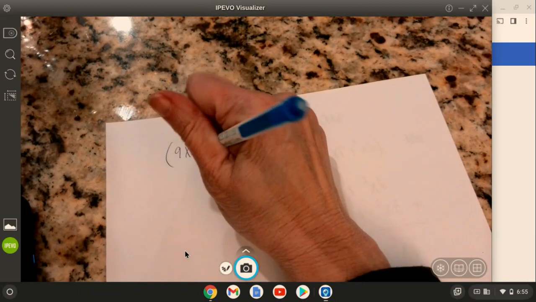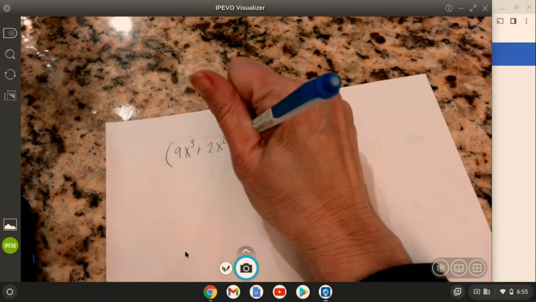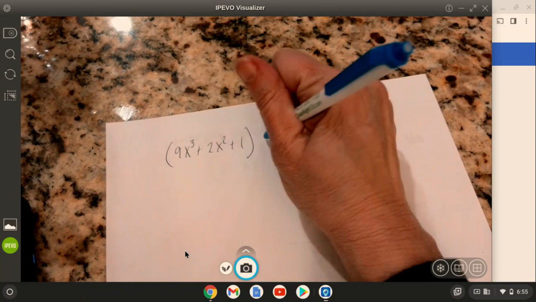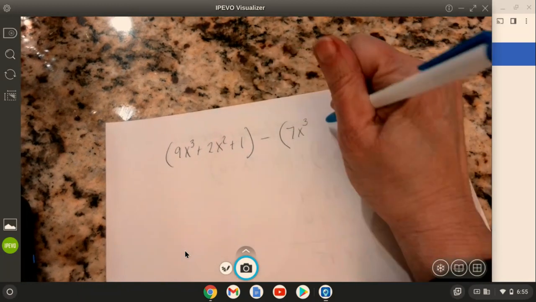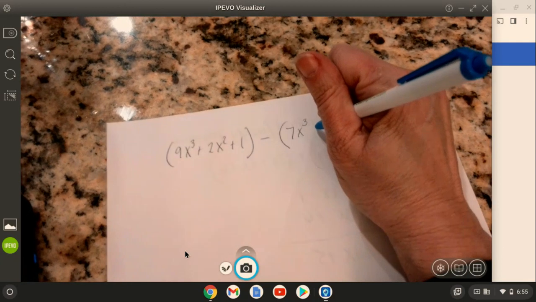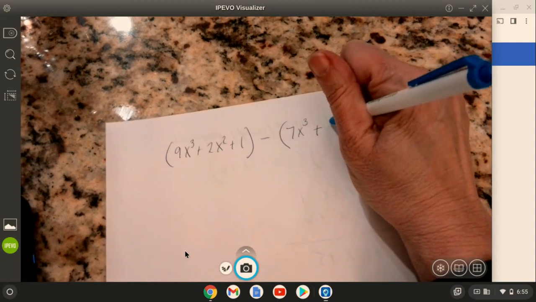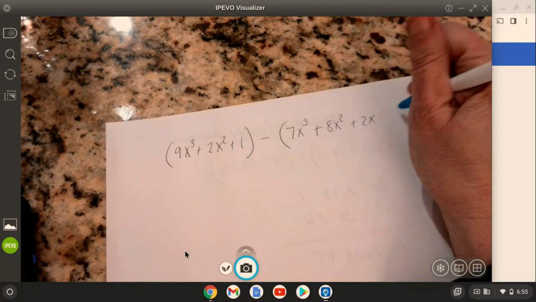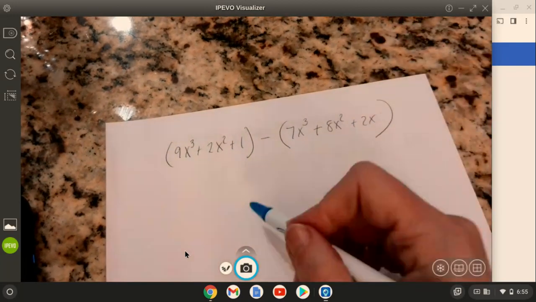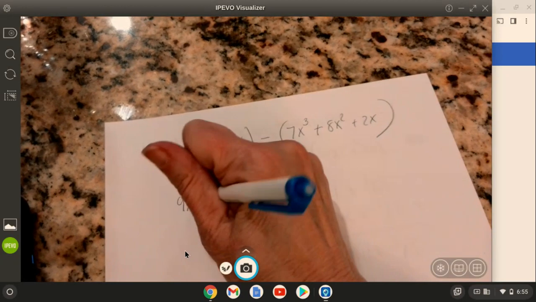9x to the third plus 2x squared plus 1, minus 7x to the third plus 8x squared plus 2x, and leave it at that. So I'm going to do the same thing and line them up.